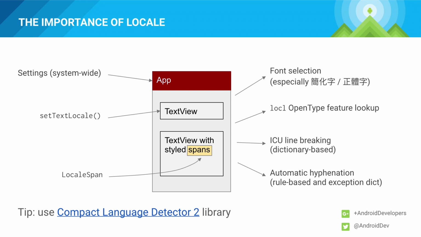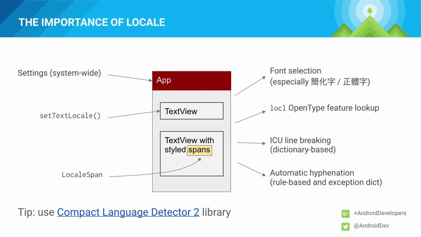I also mentioned, when I was talking about the different languages and the different things that we do to change the way we present text, that this is really one of the most important things that apps can do: get the locale of the text that the app is displaying correct. Because if it's wrong, you'll still get the text displayed, but things will be degraded.